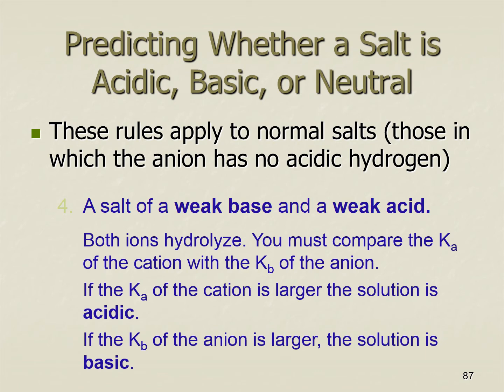Although it's not quite as straightforward as it might seem, because, and we're going to talk about this in a minute, you can't just look up the Ka of the cation or the Kb of the anion. You have to do some more calculations. So it is a little more complicated, but you get the gist of it. Whichever one is a stronger acid or base will take over, and the salt will have that character. Like I said, I won't put that on the test.